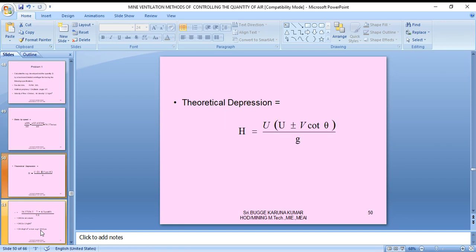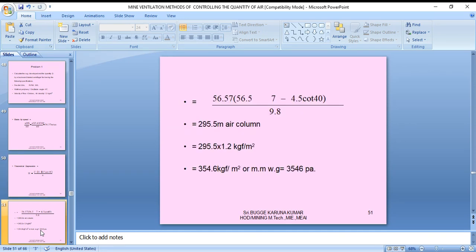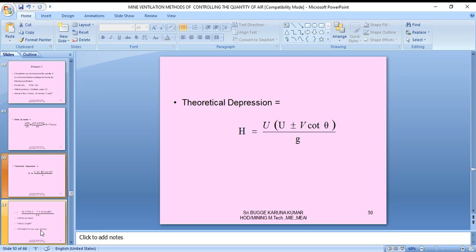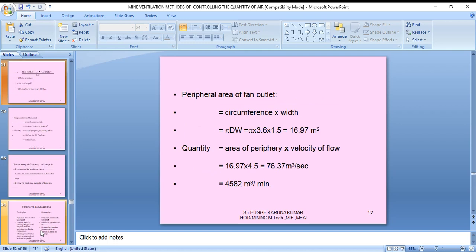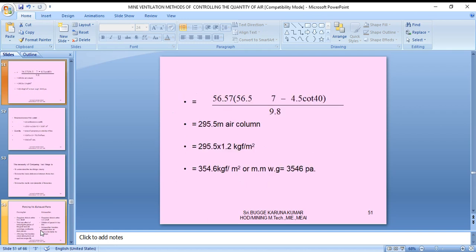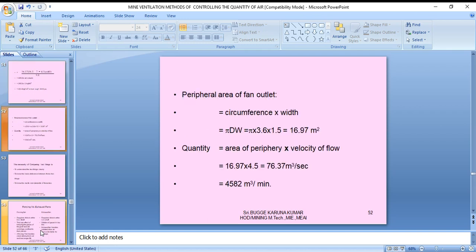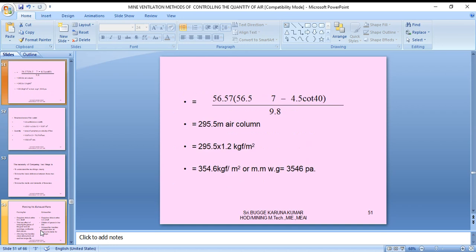Then you put it into the formula H is equal to U, that is, the U value you get, plus or minus V cot alpha, divided by g, which is also known. U is 56.57, from pi d n by 60. Similarly, 4.4 cot alpha. This is a backward bladed fan, so minus, divided by 9.8. You'll get the answer by calculation, the air column.